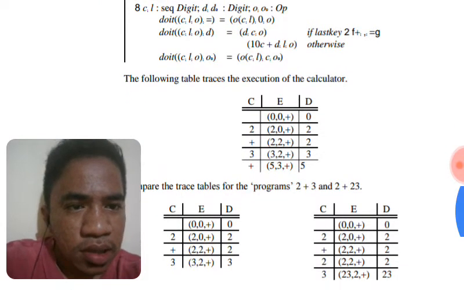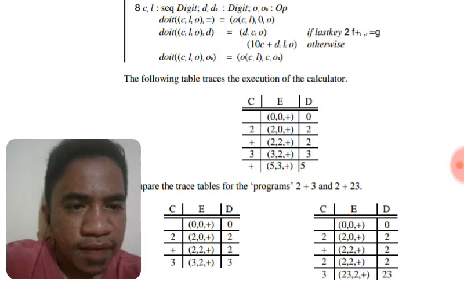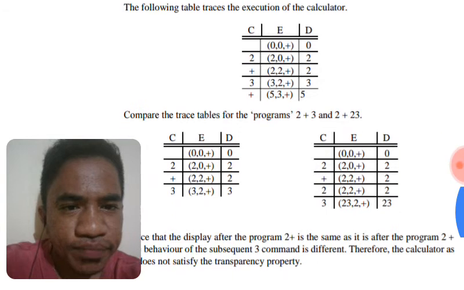CED 00 plus 0, 2, 2, 0 plus 2, plus 2, 2 plus 2, 3, 3, 2 plus 3, plus 5, 3 plus 5.